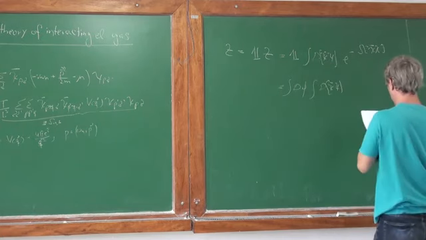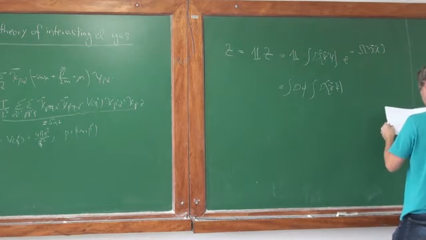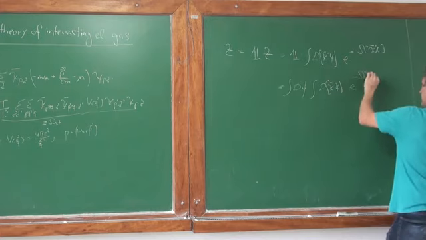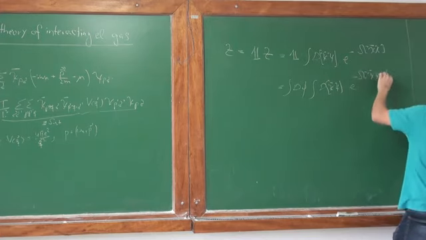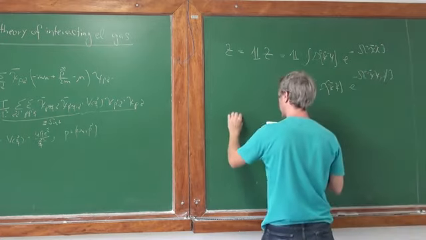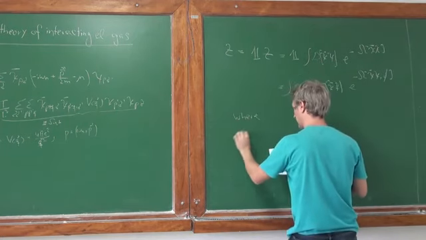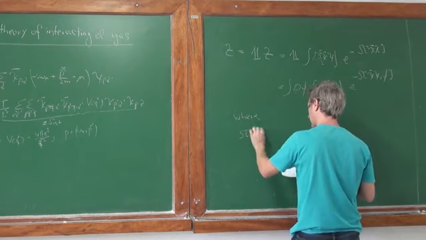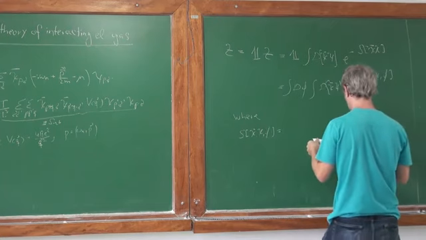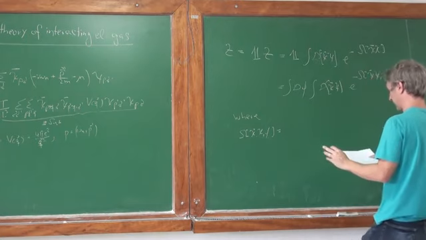And then we have a new action, which now depends on the electron fields and the newly introduced bosonic field, and I just write down the action, where this new action has the following form. It consists of three parts.